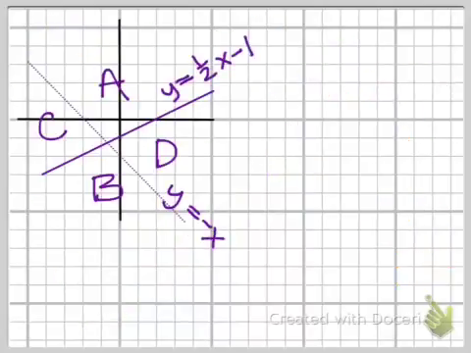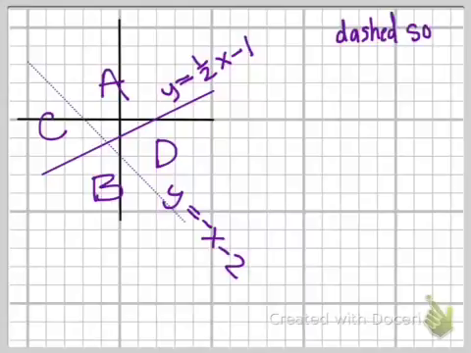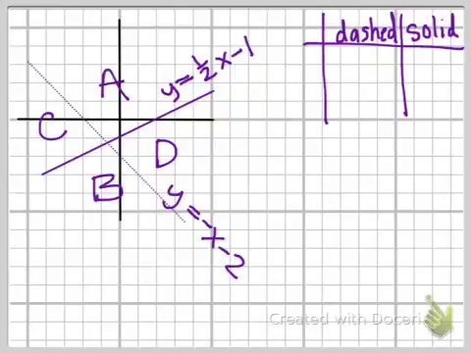Okay, so let's look at a couple of examples of shading. So you have two lines, y equals 1/2 x minus 1 and y equals negative x minus 2, and they divide the plane into four portions, A, B, C, and D. So we have a dashed line and a solid line, and for part A, in relation to the dashed line and in relation to the solid line, we can see that A is above the dashed line and it's above the solid line.